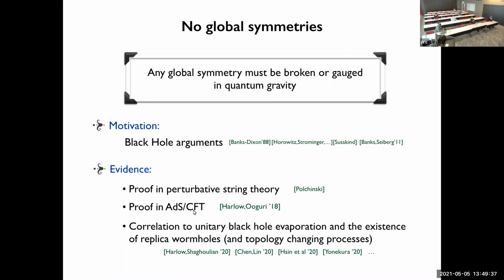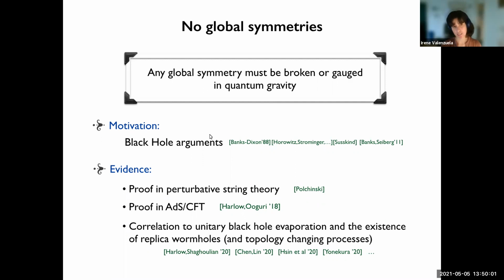Irene, can you comment on which of these pieces of evidence also apply to discrete symmetries? Yes. So the proof of Harlow and Ooguri applies for discrete symmetries as well. It's not just continuous. And actually, the one of Polchinski is about whether you have a current. So that's what matters.